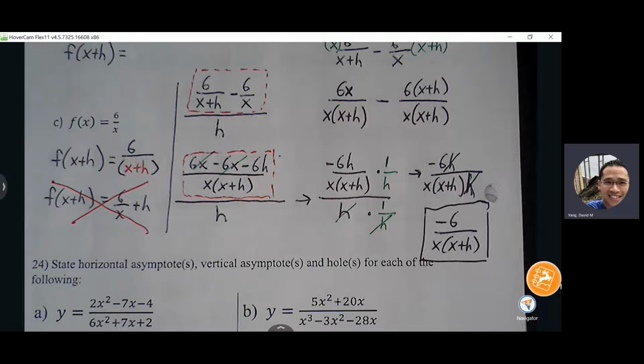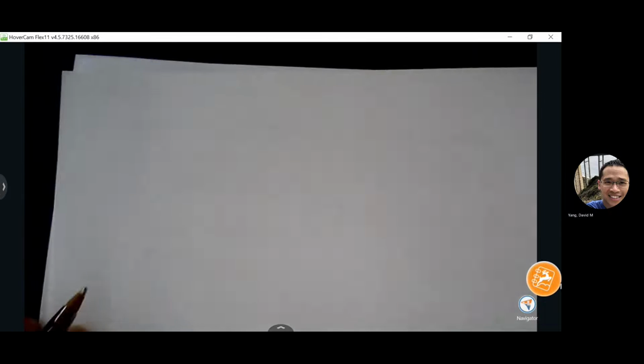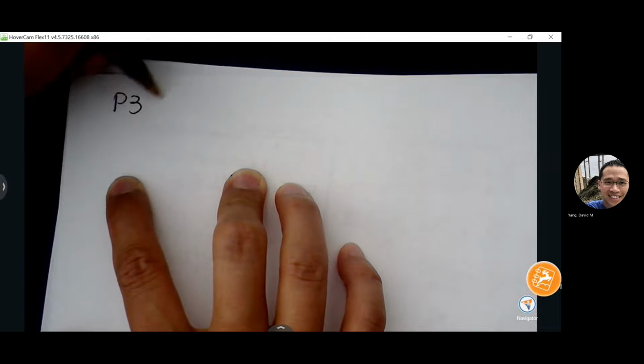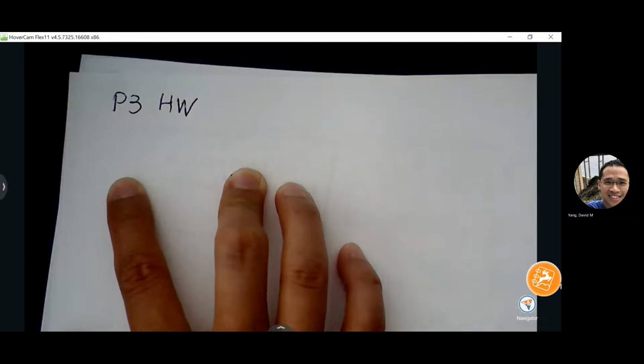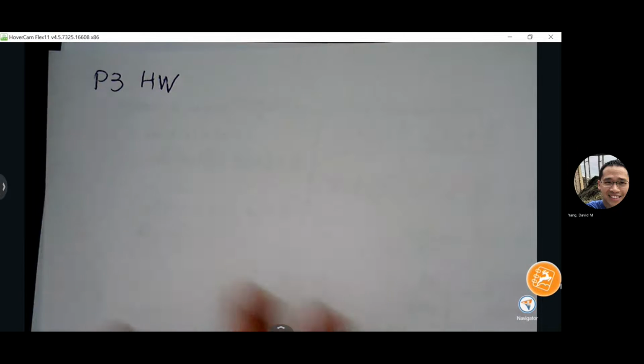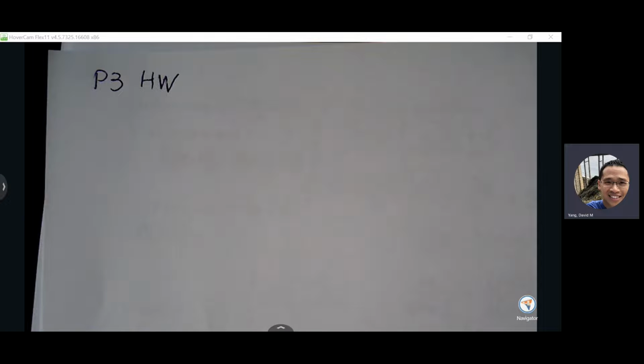Okay, let's see if we can work on some of the problems from the P3 homework. This is page, I think, 26, 27. Let's start with number 7.